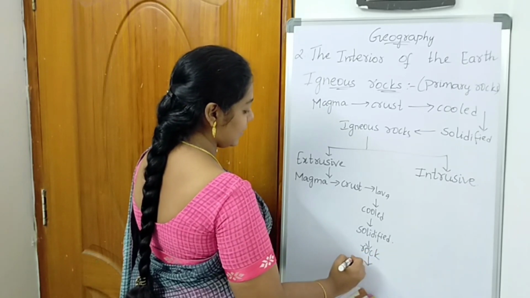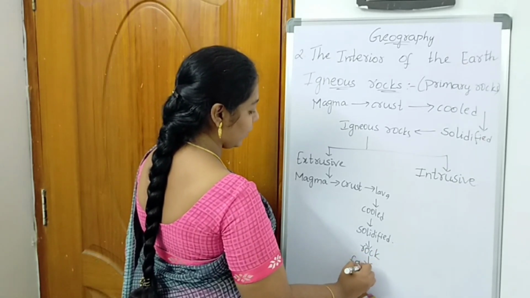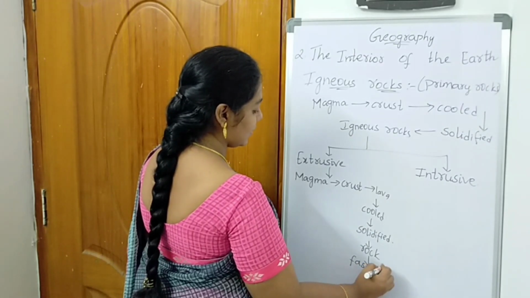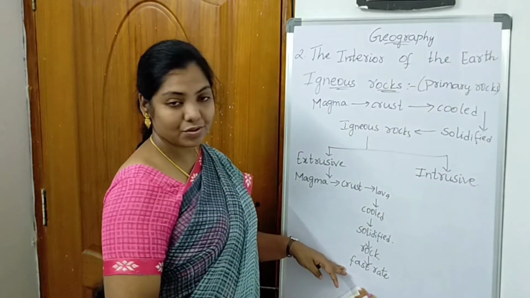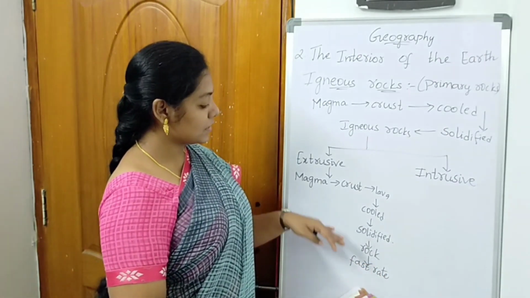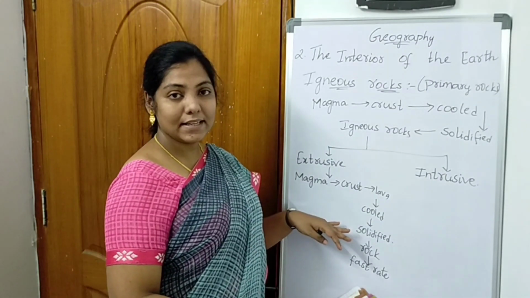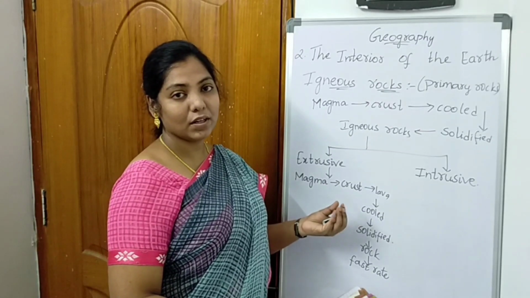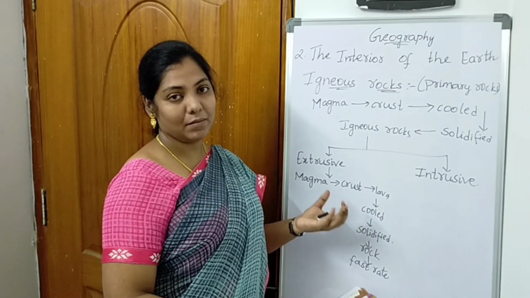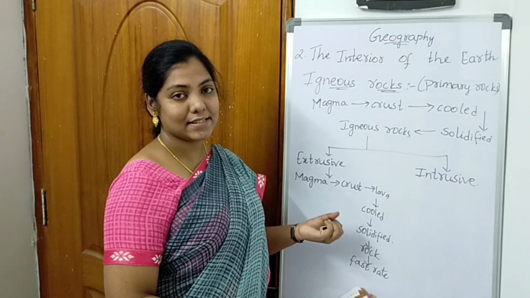It is taking a very short time, or we can say the cooling process is at a fast rate. Whatever rock is formed, we can make it into a fine grained powder or fine grained glasses.